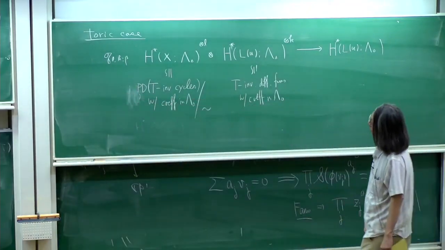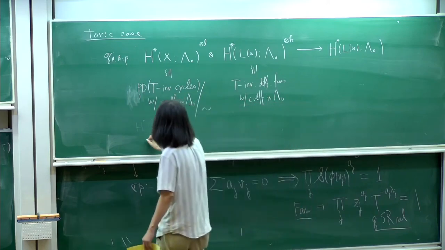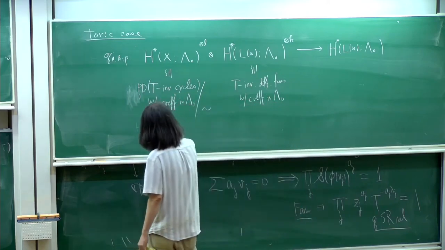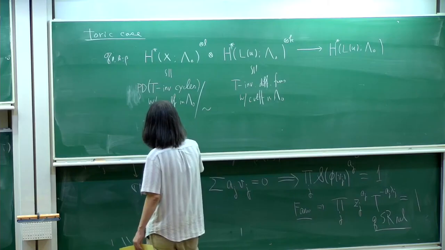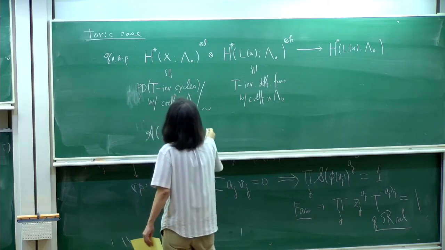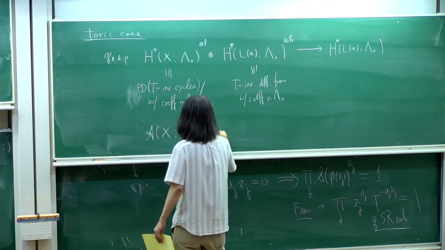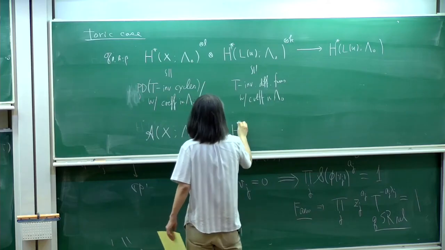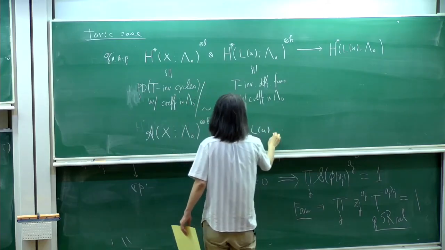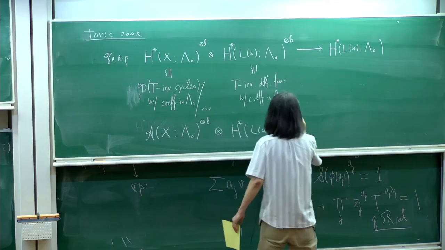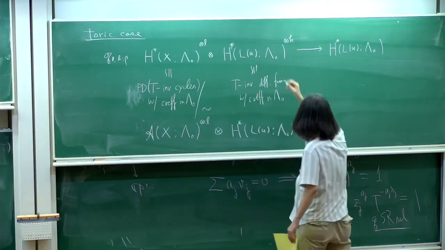So, maybe we just consider another one. This may be better, in this case, maybe A_X, lambda 0, tensor L, tensor H star of L_U. Maybe I should write it first, and then this.